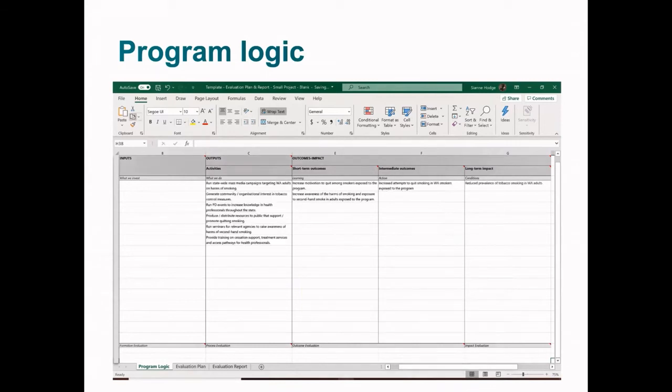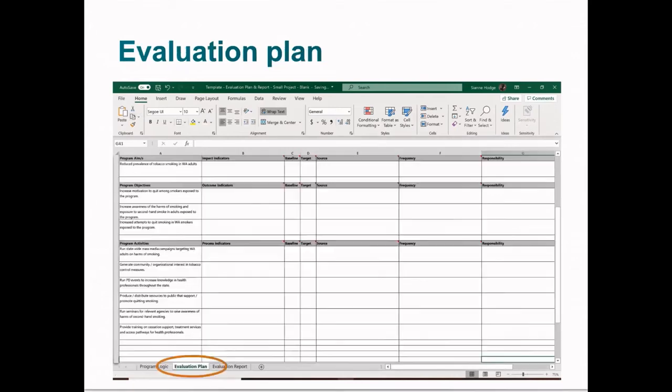The other thing that I've set up in the template is for information to be automatically copied and pasted into relevant fields across the 3 tabs. So if you input the activities, the short-term, intermediate term, and long-term outcomes here, they will automatically transfer into the evaluation plan.